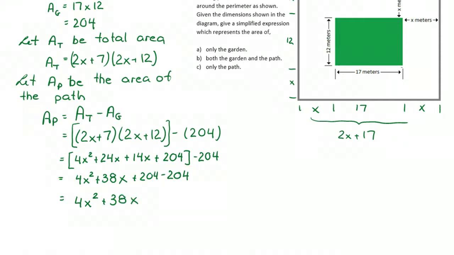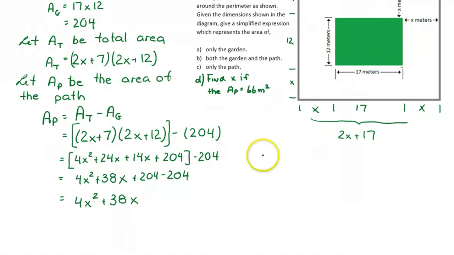So now that we've solved this, let's take this question one step further. Let's make a part D, and let's say find x if the area of the path is equal to, let's say, 66, and that would be meters squared, right?